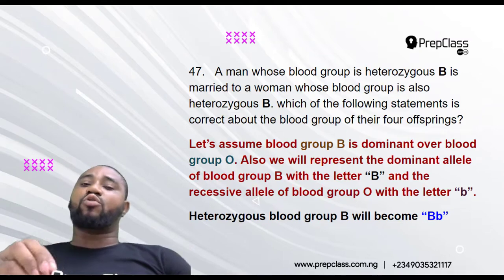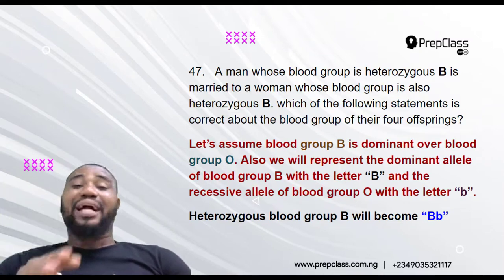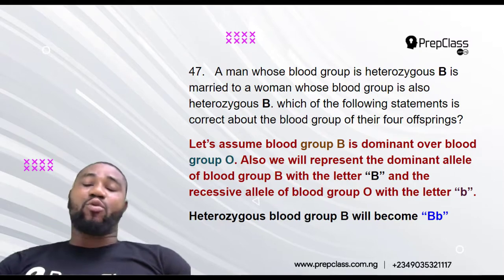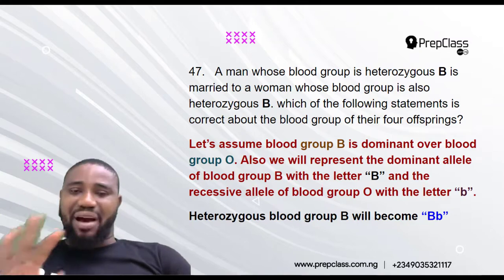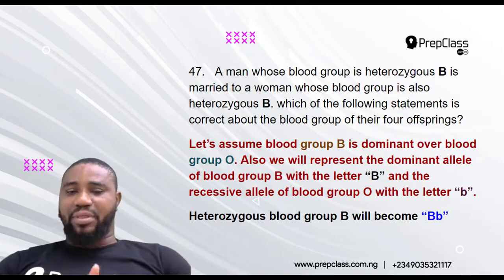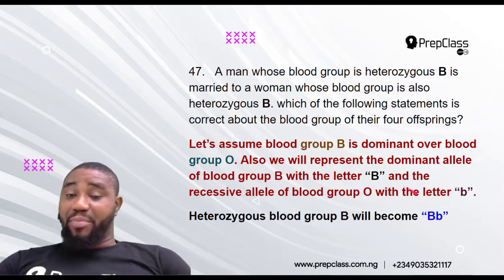Then the recessive one will carry what? Small letter. The dominant allele will carry capital letter, then the recessive allele will carry small letter. So use the same alphabet so that it will not confuse you when you are crossing. Dominant, capital letter; recessive, small letter. So that was why I made it that way.